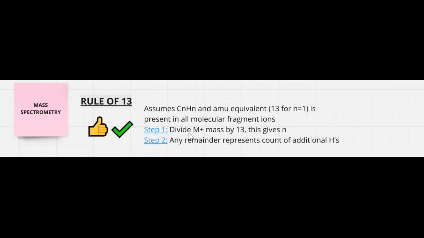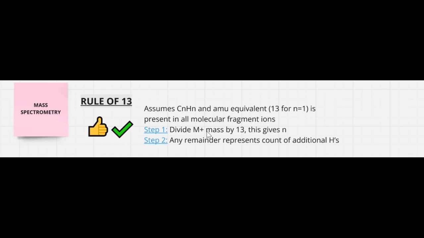This is at 15 electron volts, and when we increase the voltage up to 17 electron volts, we get the fragmentation patterns and the different radical cations, etc. I won't go into detail, since here we are only focusing on the rule of 13.